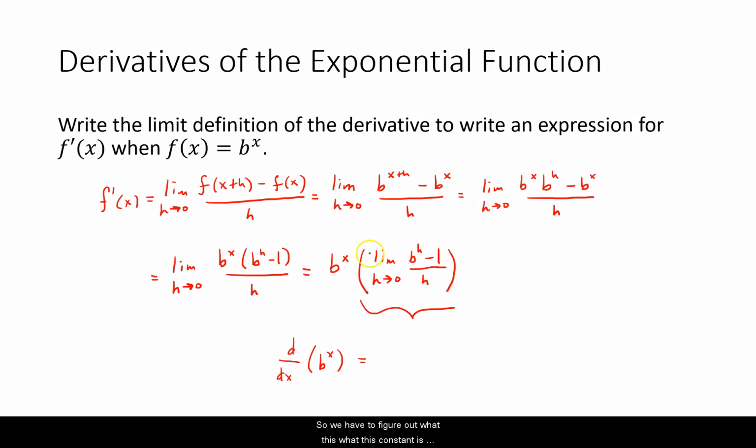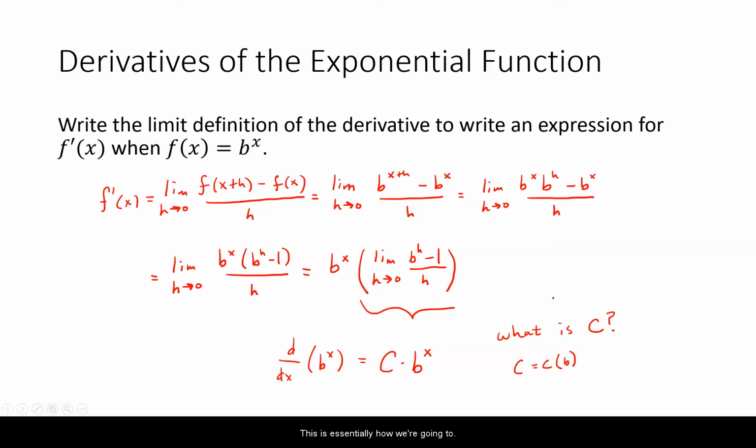So we have to figure out what this constant is going to be, what this limit actually approaches. We'll say it's some constant c times b to the x. So what is c? Actually, we should notice that c really does depend on b, so it's like a function of b.